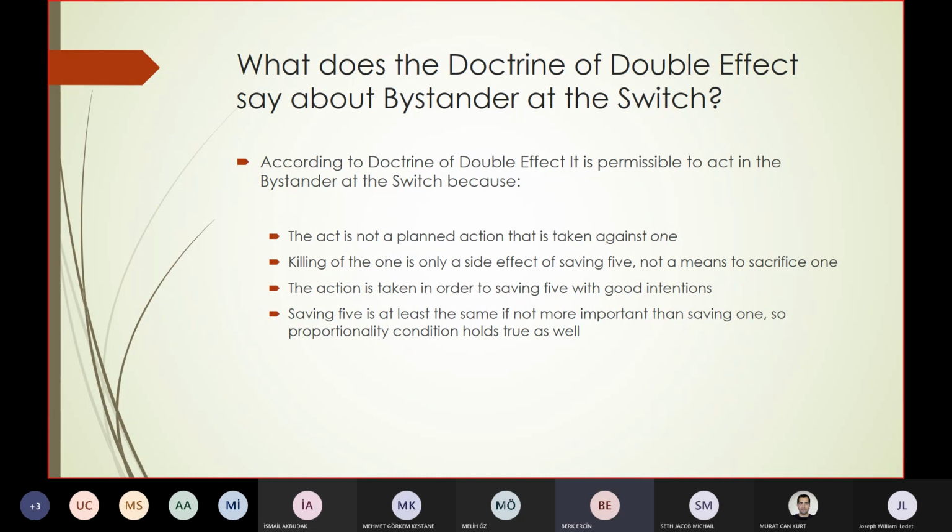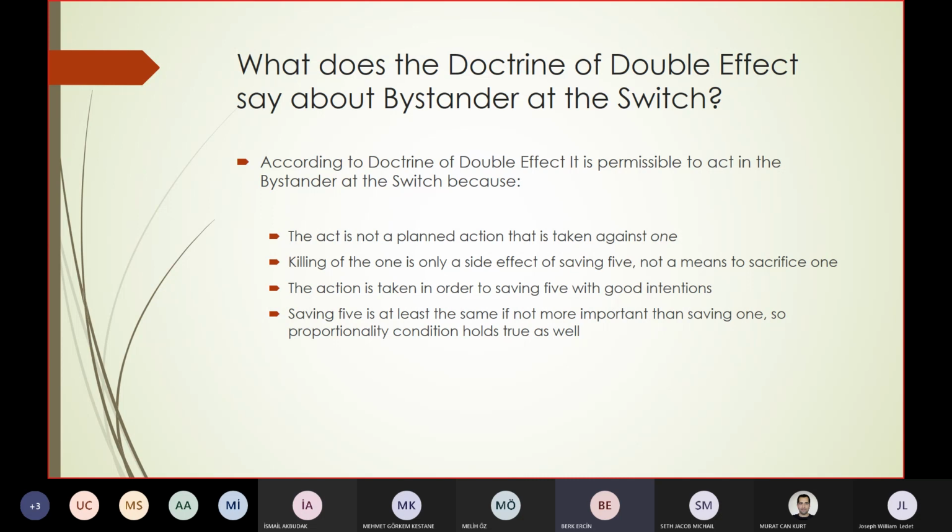Now, let's try to implement this algorithm in our topic and see if, according to the Doctrine of the Double Effect, it is permissible or not. If we consider the first condition, the act of switching the road is justifiable because our moral reason is to save lives. The second condition is true as well, because the bad effect from changing the road is only a side effect.